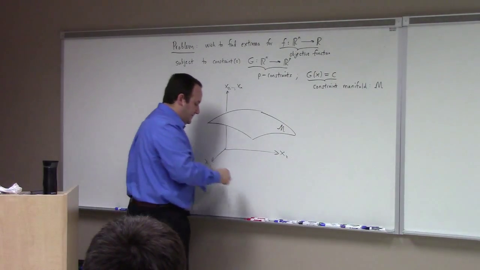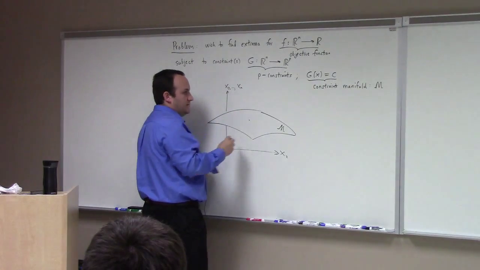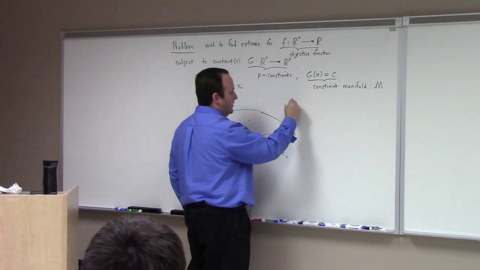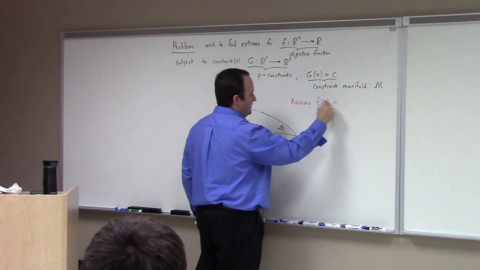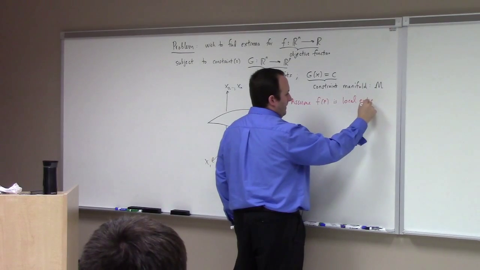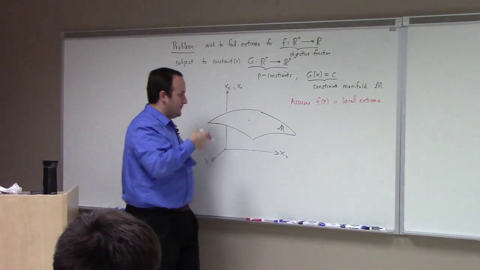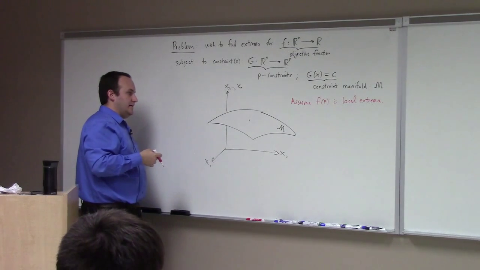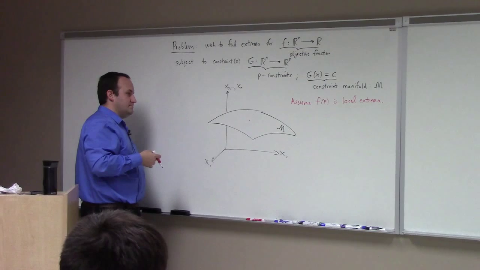If you think about that, suppose that point is P. So assume f of P is a local extrema, or a local extreme, if you like. Then what can you do?